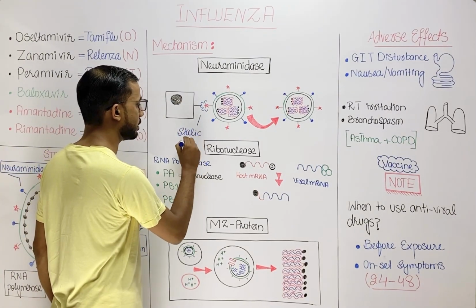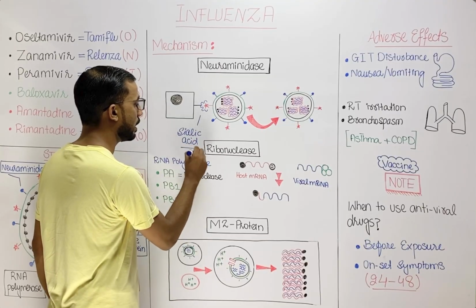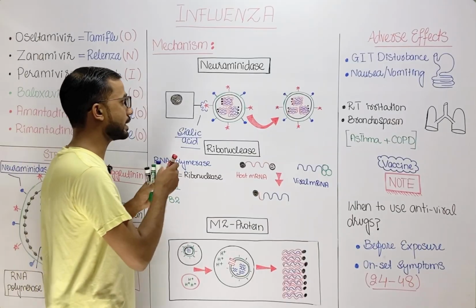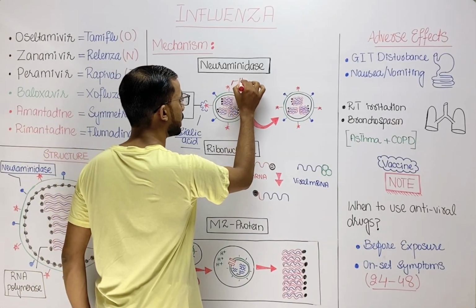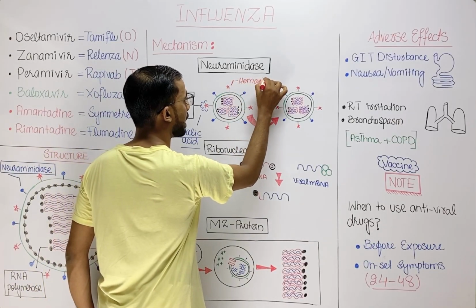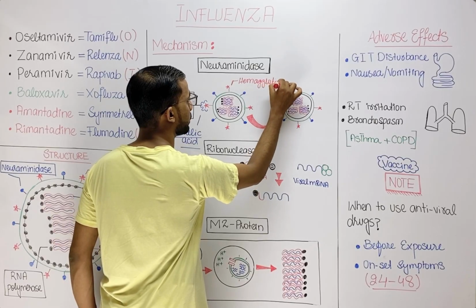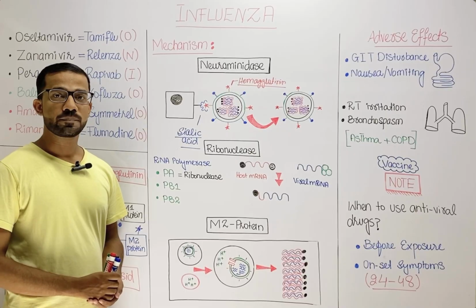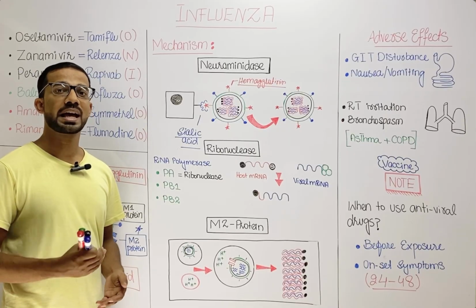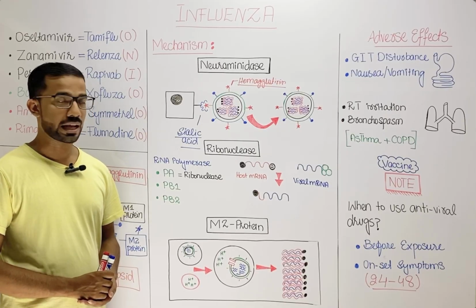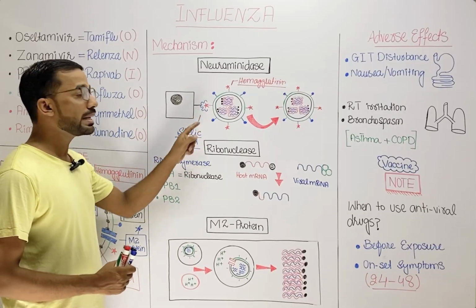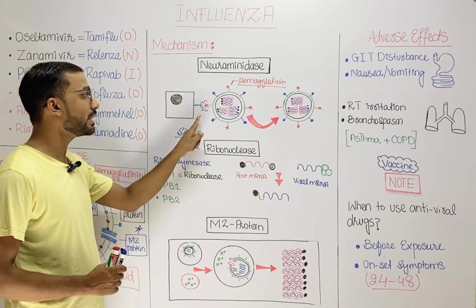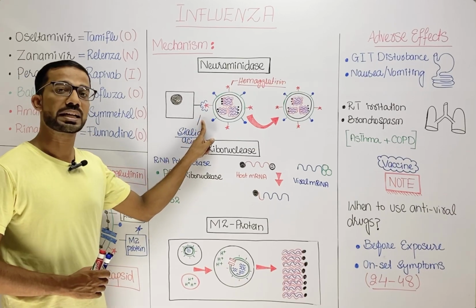Sialic acid. This is the site where hemagglutinin binds. This is the hemagglutinin. Now, the virus enters into the cell, and after the replication, the virus has to exit the cell. During the exit process, you will see virus hemagglutinin attached to the receptor having sialic acid.